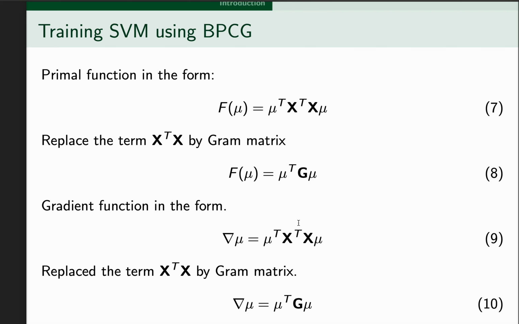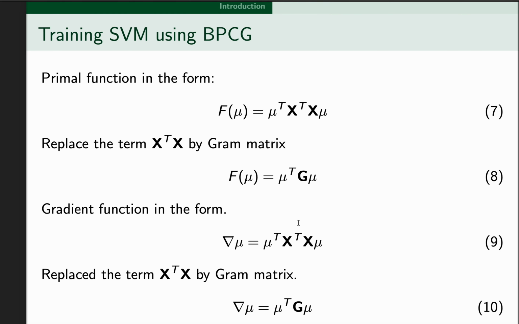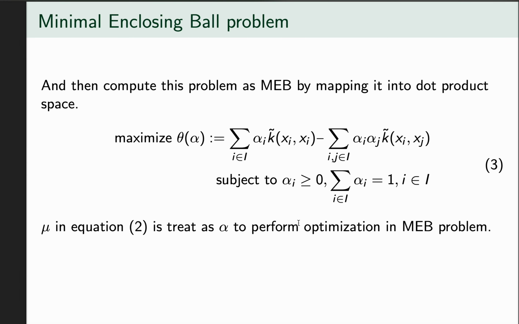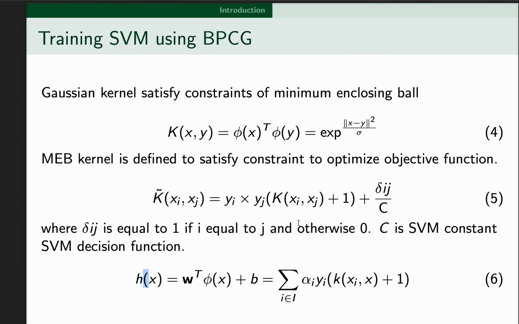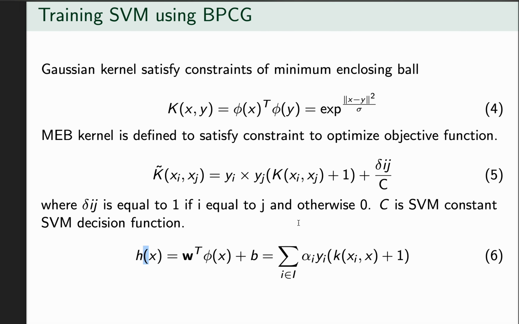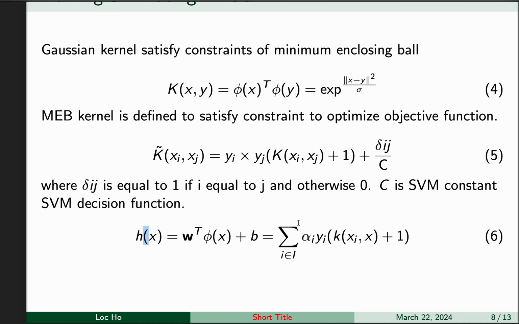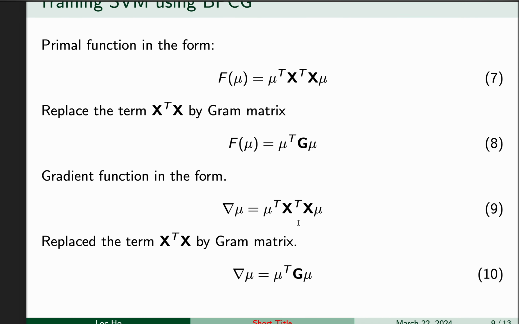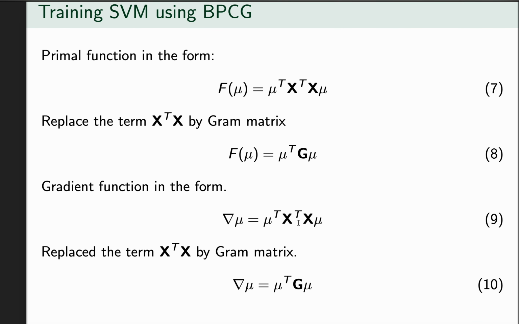Then how do we optimize equation 3 using the BCG algorithm? First, to use the BCG algorithm, we need to define the primal function and the gradient function.